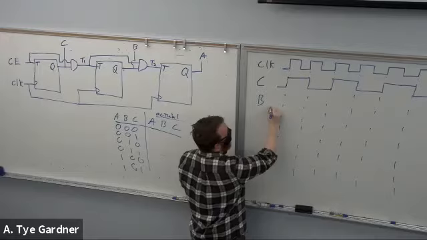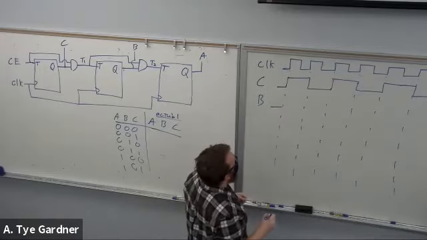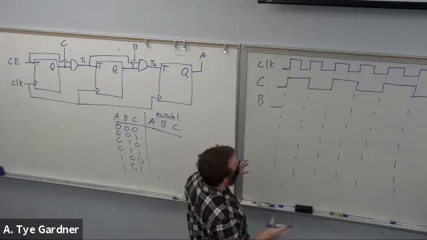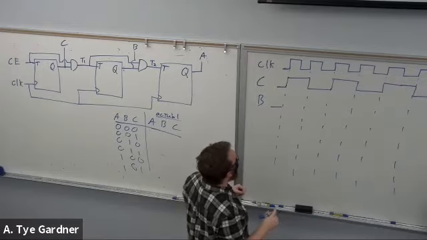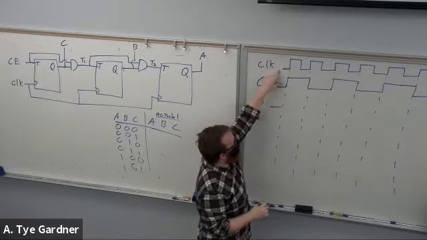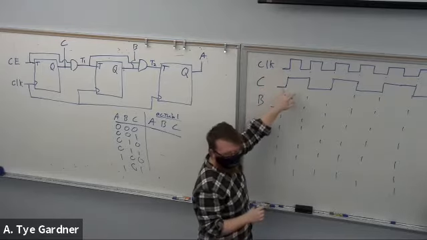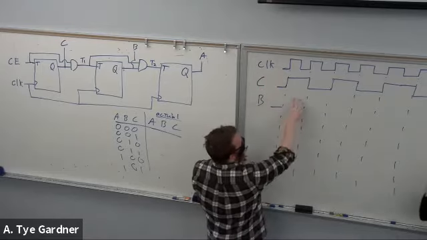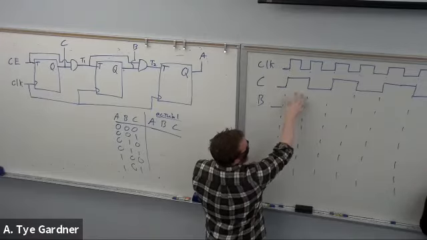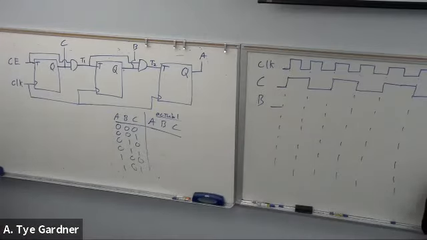I said B starts at 0, right? And now there's a little bit of an issue here. There's a rising edge of a clock that is kind of at the same time, right? So we have to more or less decide. Let me see which way I did it in my notes.